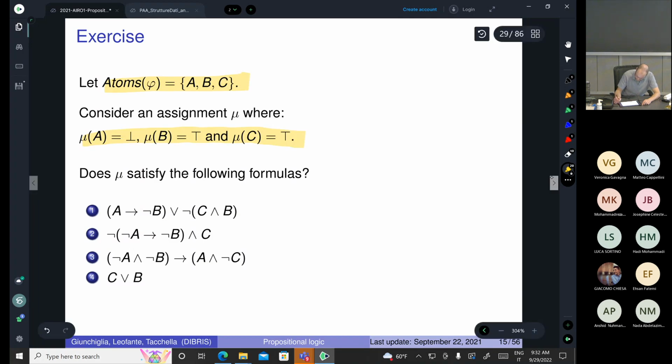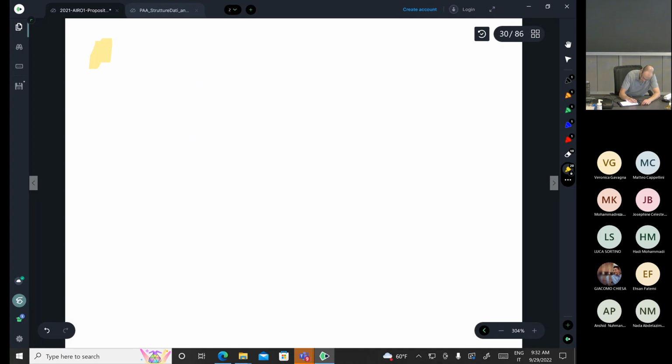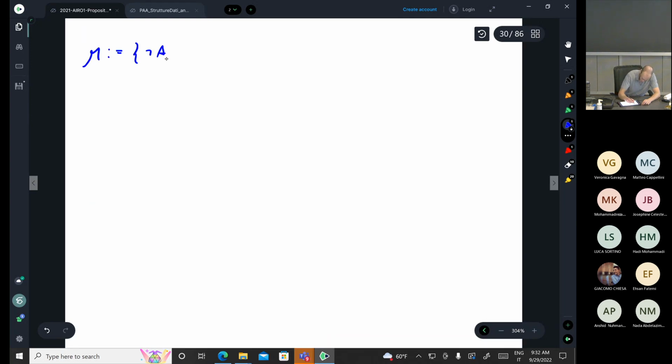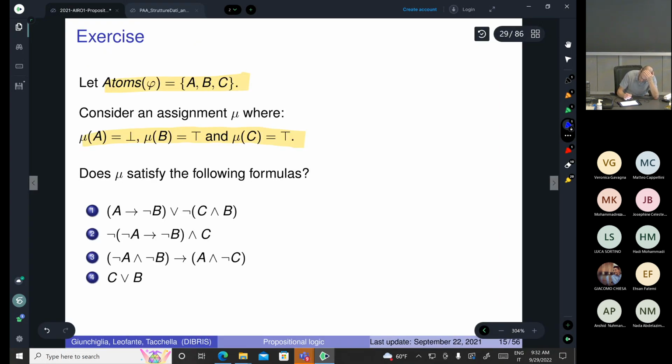The assignment is A is false, B and C are true. Okay, this is our assignment. So the first formula is A implies not B or not C and B.